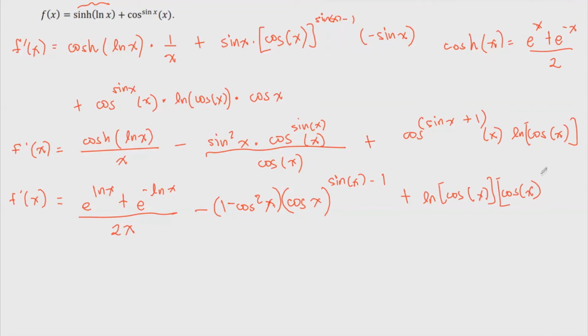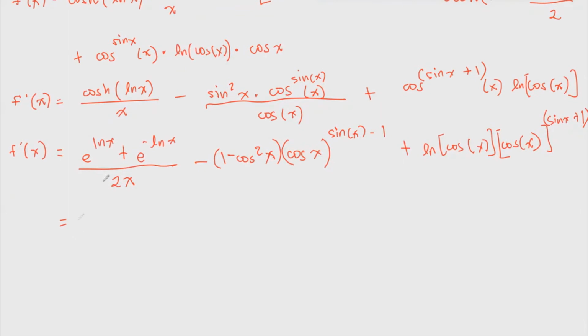So that's actually sine of x plus 1. Okay, so I think that this looks better. So with this, we know very well that e raised to ln of x becomes x. Then this one becomes x to the negative 1. Okay, so this simplifies further in this expression.